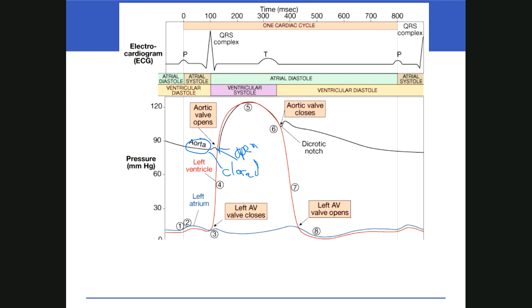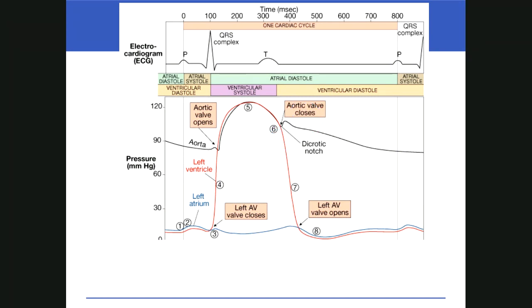And it's going to stay open until here. Now who has more pressure? The aorta or the ventricle? There's the aorta. There's the ventricle. Who has more pressure? The aorta. So as soon as this pressure here drops, the valve is going to close. And then if you follow it, it keeps going down.